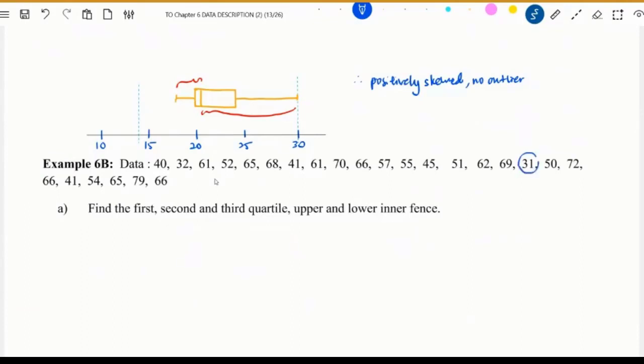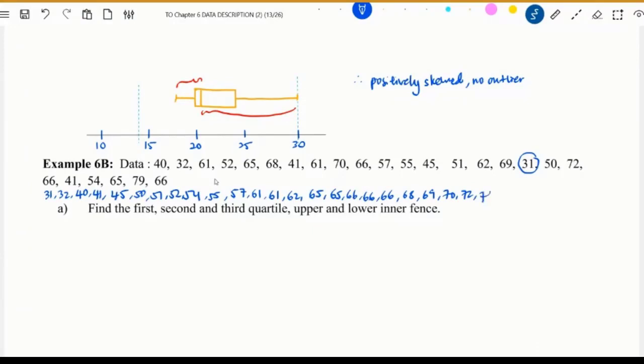So we have 31, 32, 40, 41, 45, 50, 51, 52, 54, 55, 57, and then we have 61 directly. 61 we have twice, and then 62, 65 we have twice also, and then 66 we have thrice, 3 kali 66, 68, 69, 70, 72, and last one which is 79.